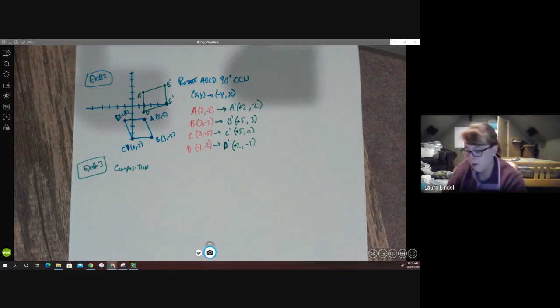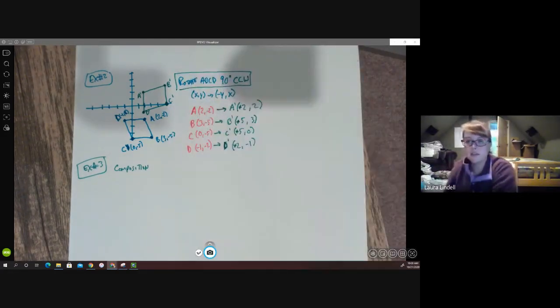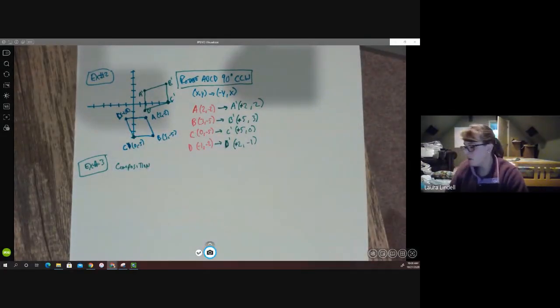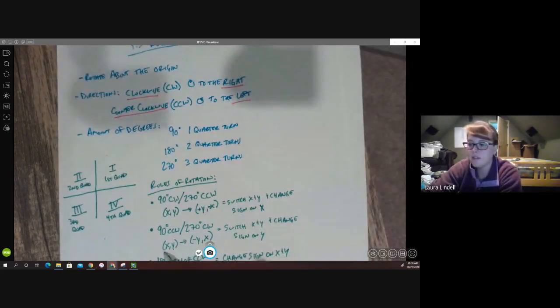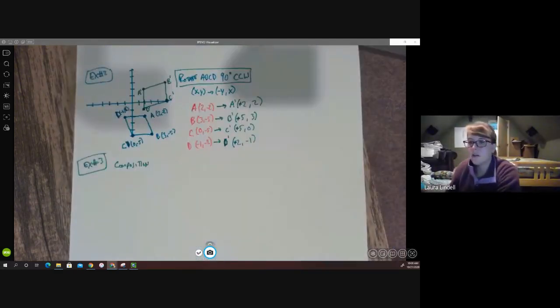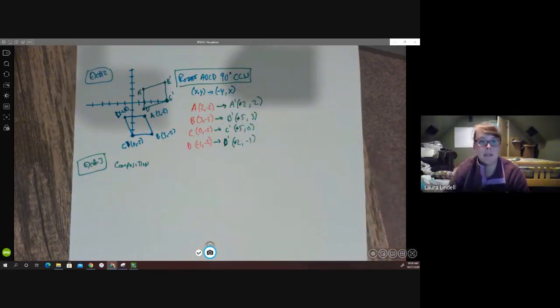These will be the instructions: rotate 90 degrees counterclockwise, and they'll give you a shape. Then you go back to your notes and go, okay, 90 degrees counterclockwise, that's the one where you switch X and Y and you change the sign on the Y. So all you'll be told is what to rotate. Then you go back to your notes and figure out what that means for that rotation.